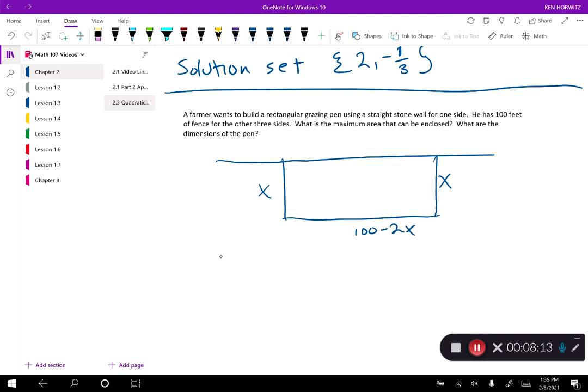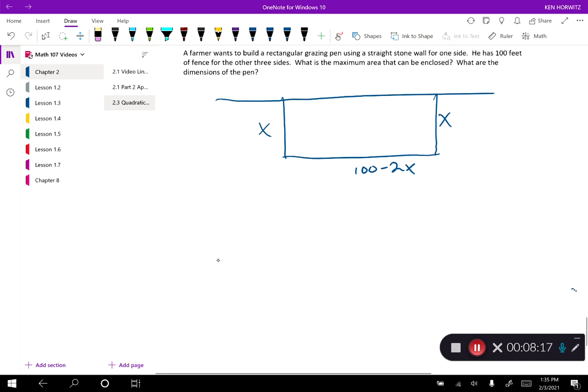All right. Now let's get to work. So if that's the dimensions of our pen, our area is length times width. So it's x times 100 minus 2x, or 100x minus 2x squared. Now this is indeed a quadratic equation. Even though the 2x squared comes second, it's still the highest power in the entire equation.